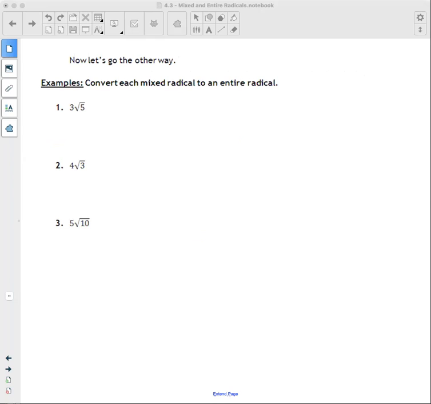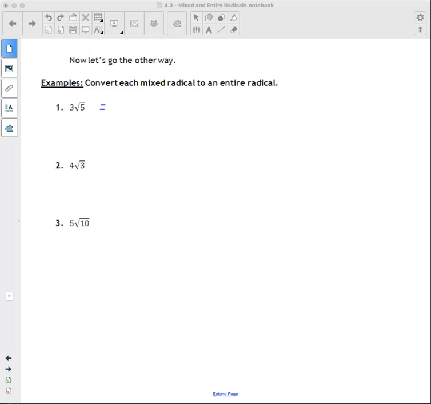Okay, so now we're going the other way. We have a mixed radical and we want to put it into an entire radical. So remember when we were taking this number out, it was because we had a pair of them. So going the other way, if we have a number out front, that means we've taken out 2 of them from the radicand.